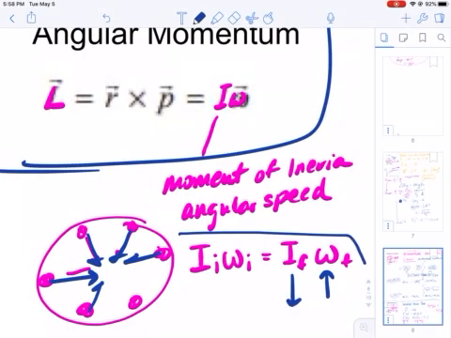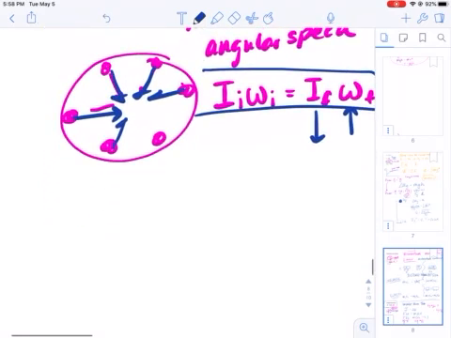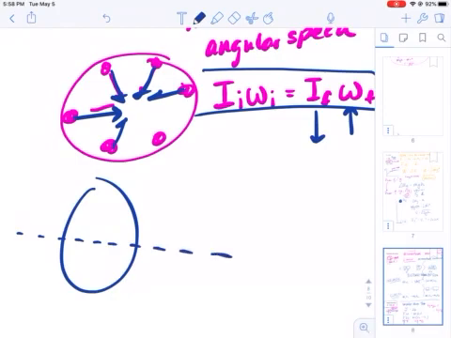At any given instant in time, that little particle has some mass, some momentum, and a radius from the center. What a cross product means is that the momentum is actually along the z-axis. So that's what this is trying to tell you.